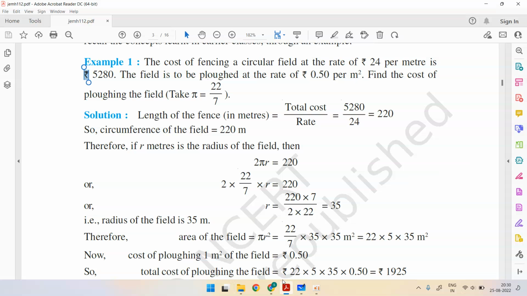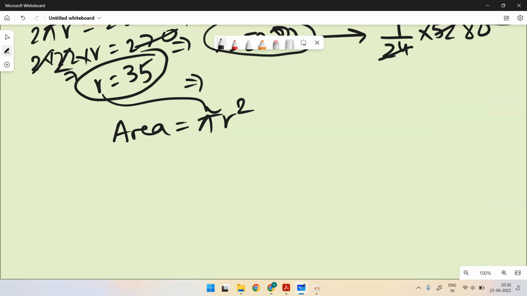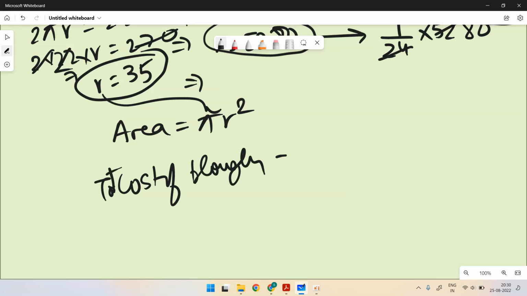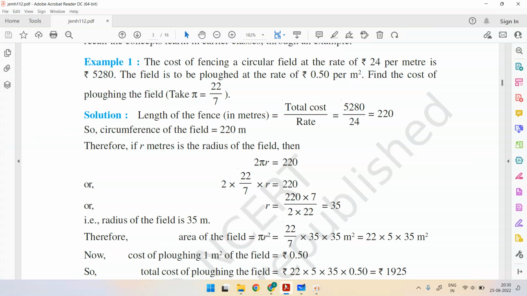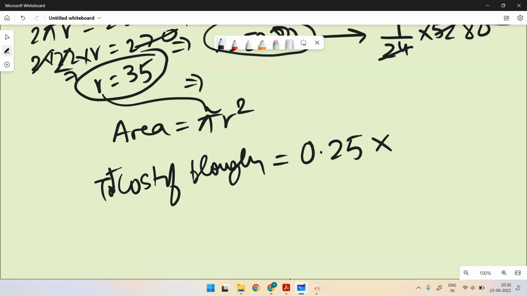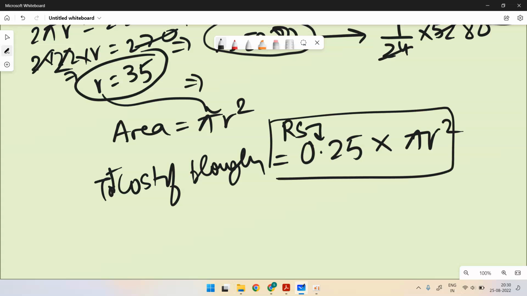The cost of ploughing is 0.5 per meter square. So the total cost of ploughing is 0.5 per meter square into pi r square. It is the total cost of ploughing the field.